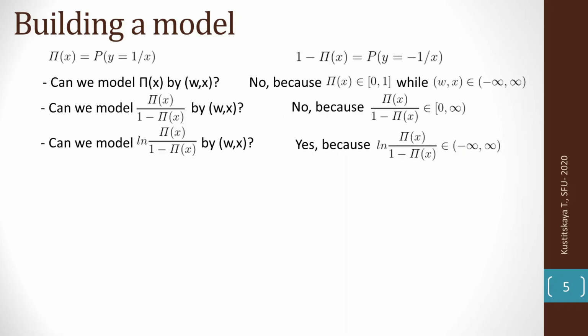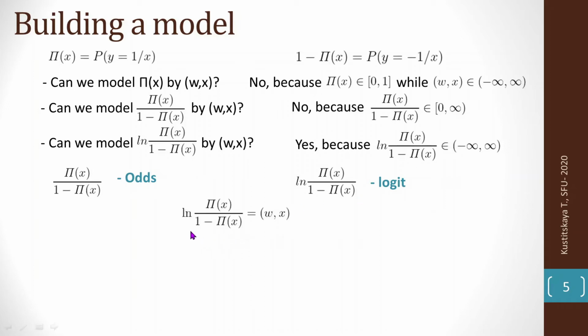By the way, let us write some definitions. This fraction P of x over 1 minus P of x is called odds, and the logarithm of this fraction is called logit. Logit is often used in different estimating algorithms.